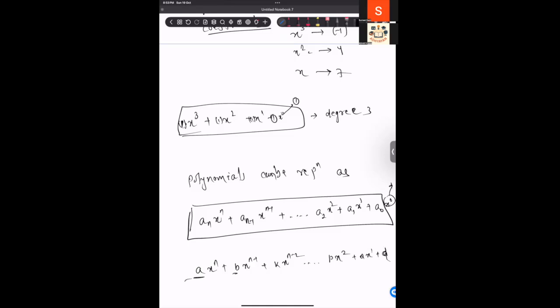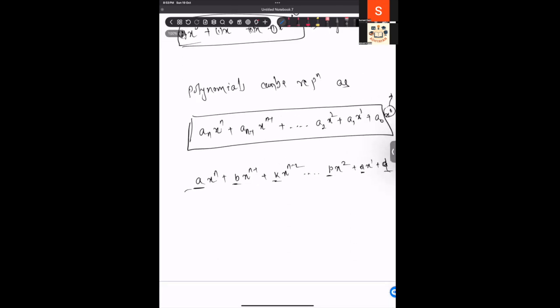Remember, these are all constant values, not variables. Now if this particular expression is all clear, we will go on to derive from it.